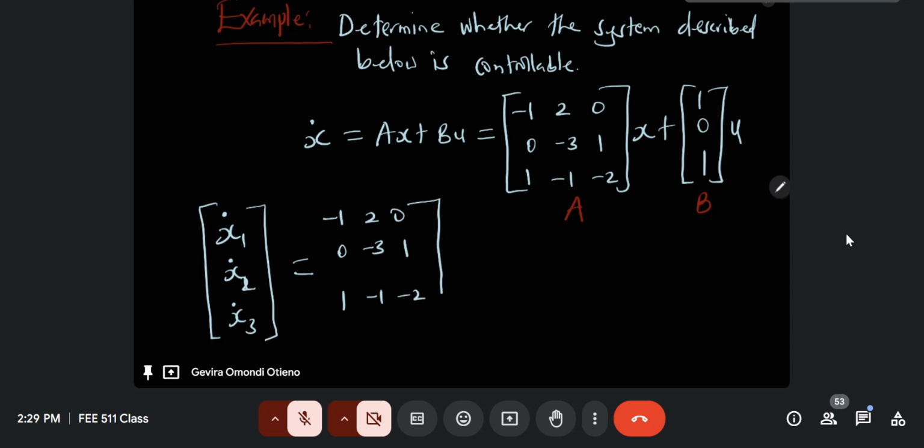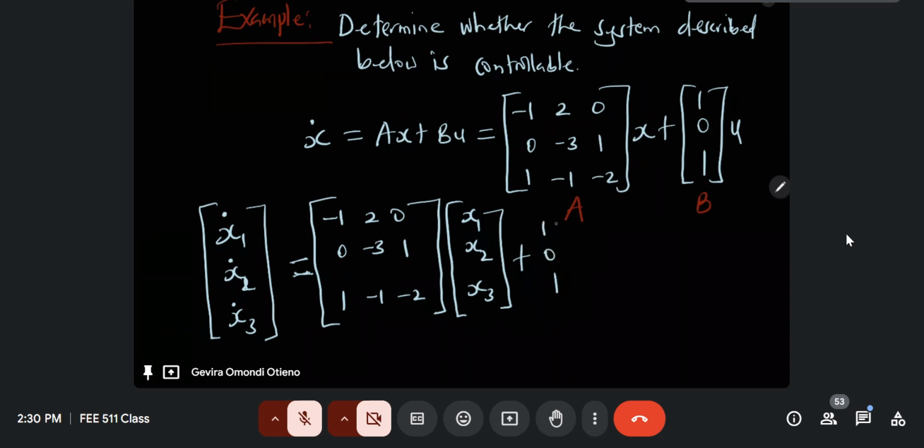Now, this question involves a lot of matrix manipulation, and you have to be very keen with the elements, because if you miss even a sign, then it makes everything else incorrect. So you have to be very keen in your manipulation of these elements. Plus 1, 0, 1, u.